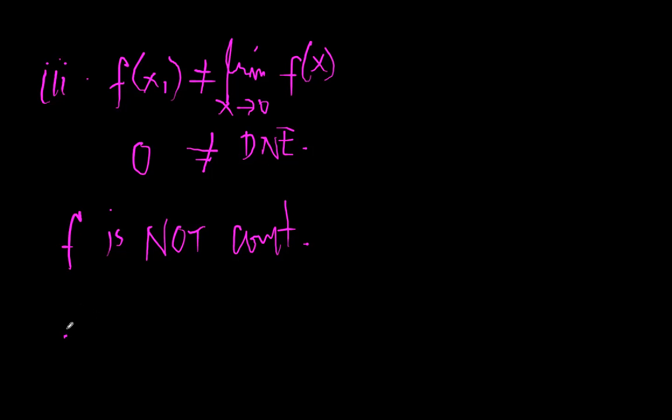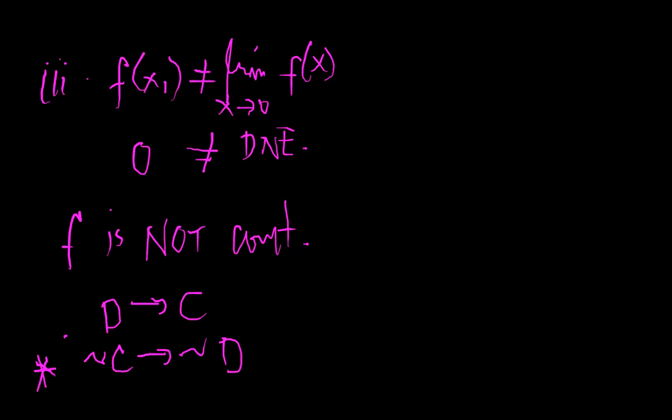Okay. So let's talk about the theorem first. Differentiability implies continuity, and the contrapositive of this statement is: not continuous implies not differentiable, right? So we have already found that f is not continuous.